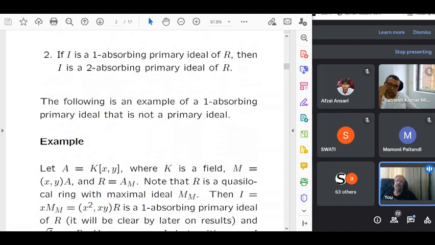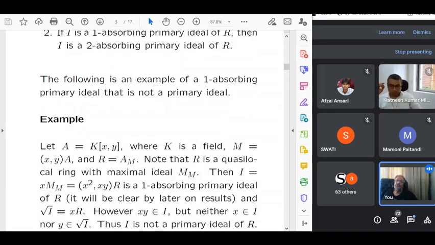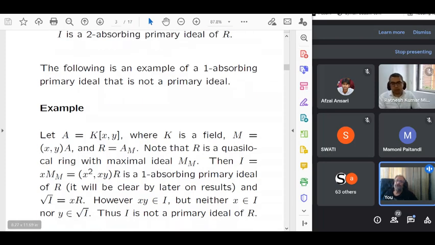Okay, here is an example. You take A to be a field with two variables, and you take this maximal ideal and you do the localization. Then R becomes quasi-local. We know that. You localize at a maximal ideal, and you take this ideal: you take the maximal ideal of R and you multiply it with x.